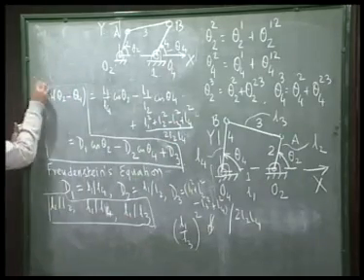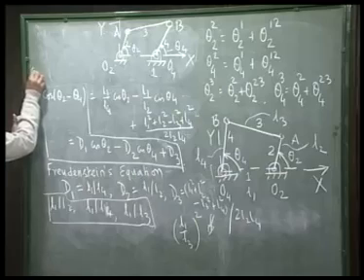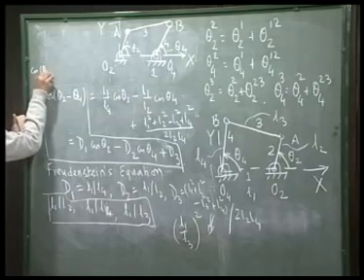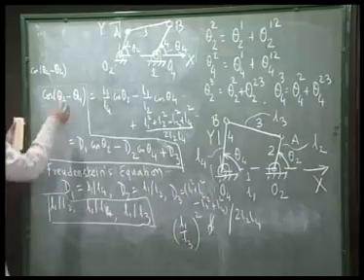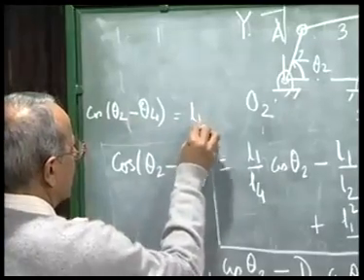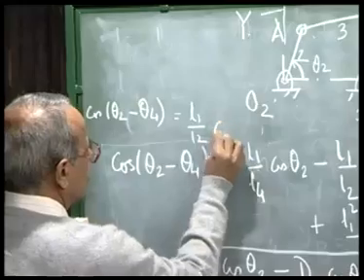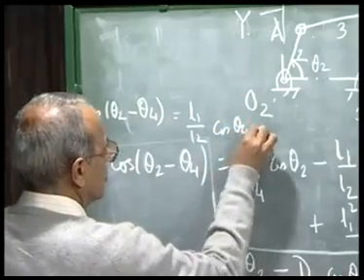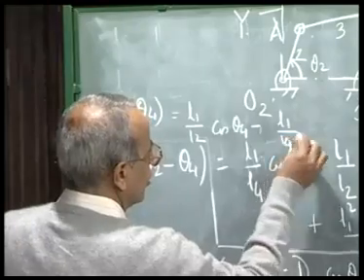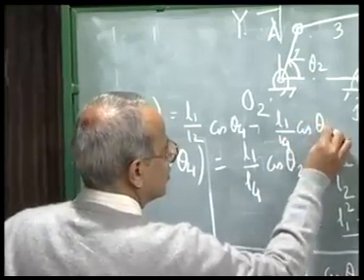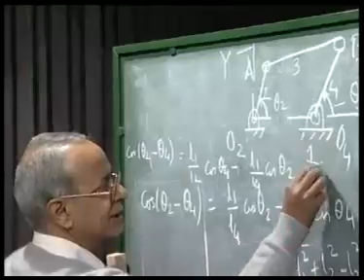So, this equation will be cosine of theta 2 minus theta 4 equals L1 by L2 cosine theta 4 minus L1 by L4 cosine theta 2 plus D3.